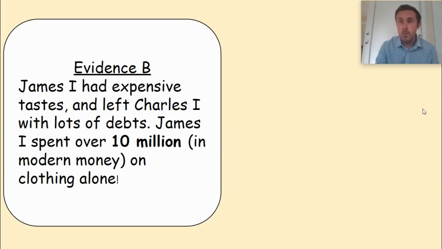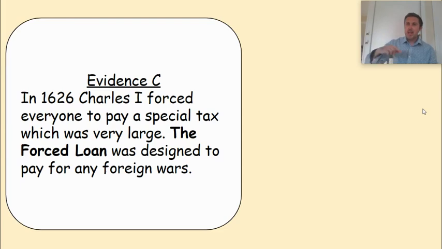Okay, let's move on. Evidence C. In 1626, Charles I forced everyone to pay a special tax, which was very large. The forced loan was designed to pay for any foreign wars. So again, is Charles unlucky, or is this Charles's fault? Put it on the scale.